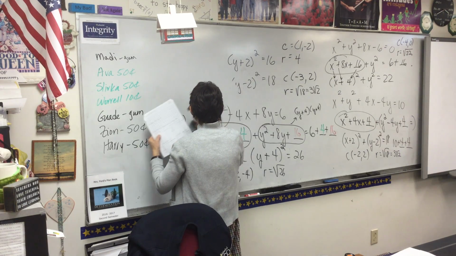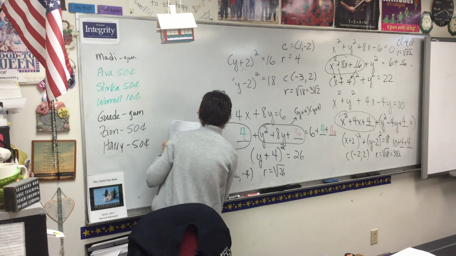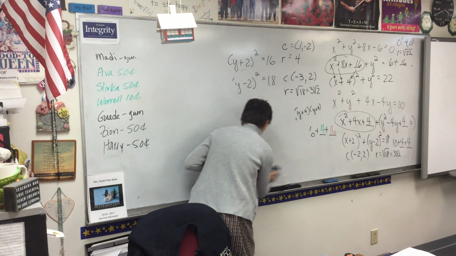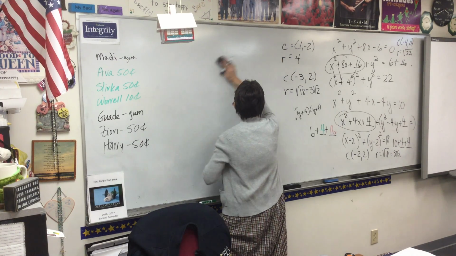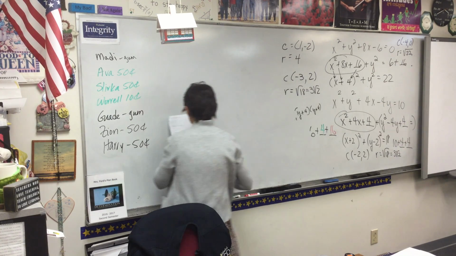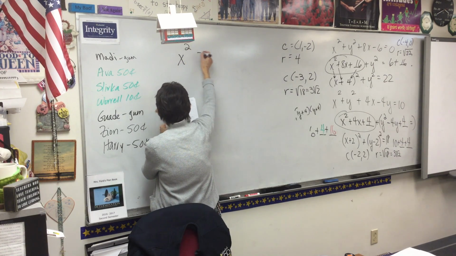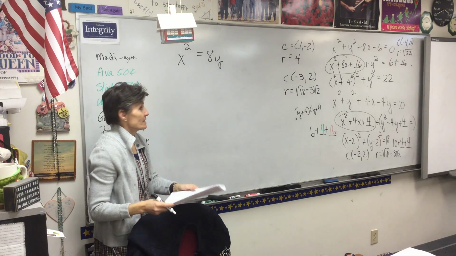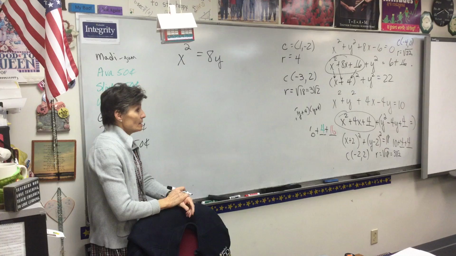So now I'm on page 54, and I'm looking at problem number 2. This is not a circle. Would you agree with me? How do I know that is not a circle? It doesn't have a y squared.